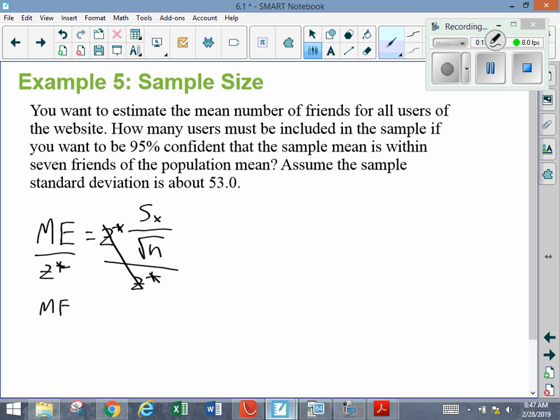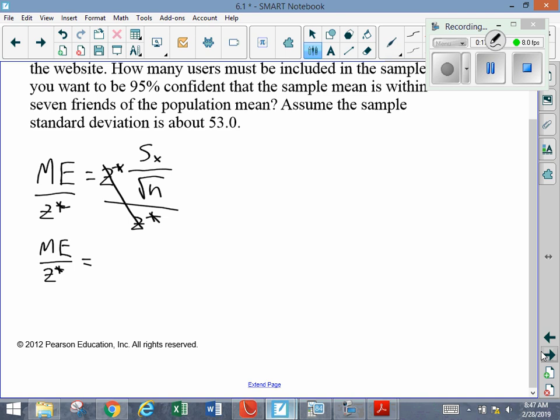So I'll have my margin of error divided by z star equal to my standard deviation divided by the square root of n. Now I'm going to have to multiply both sides by the square root of n in order to get the square root of n to go away. Those are going to cancel.